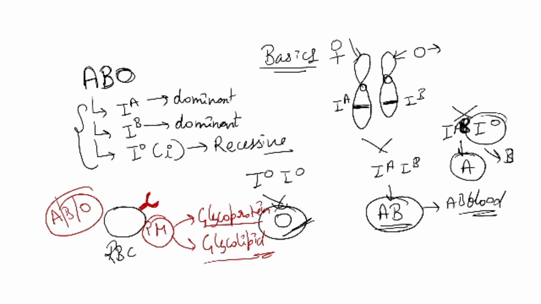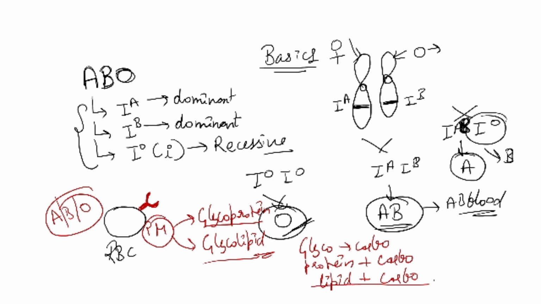So what do we mean by glycolipid or glycoprotein? Glyco means carbohydrate, and protein means protein, and lipid. So if we add carbohydrate with protein or carbohydrate with lipid, then this one will be glycolipid and this one will be glycoprotein.